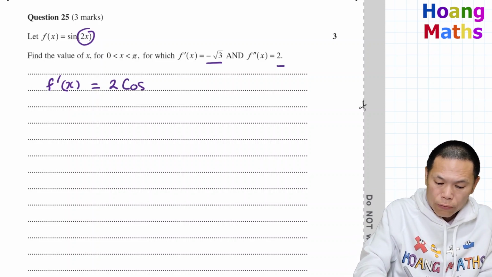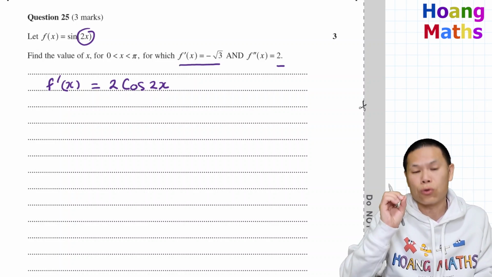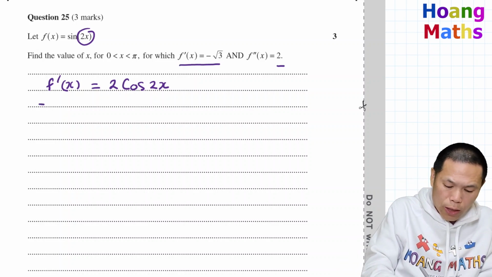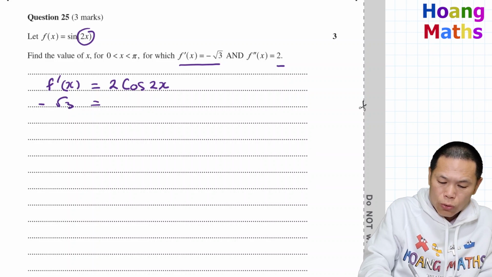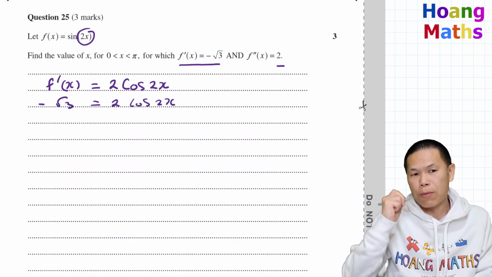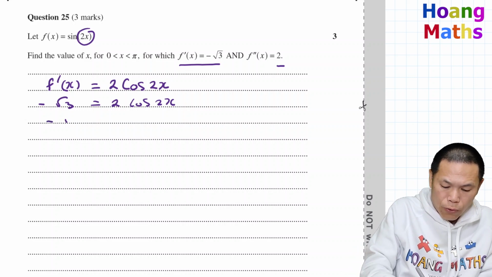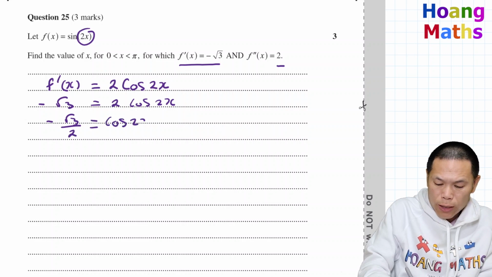So cos of 2x. And we know that f dash x is -√3, so -√3 is equal to 2 cos of 2x. If I divide by 2 on both sides, -√3 over 2 is cos of 2x.